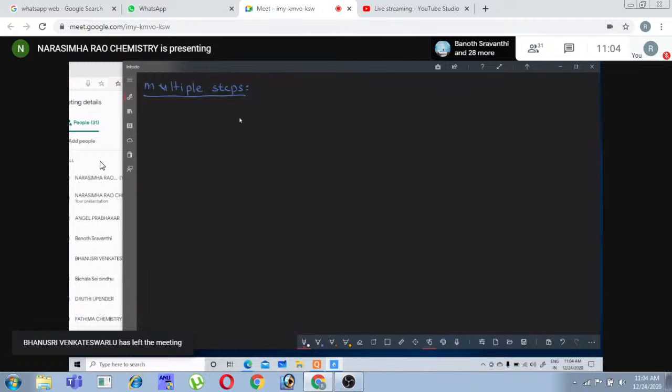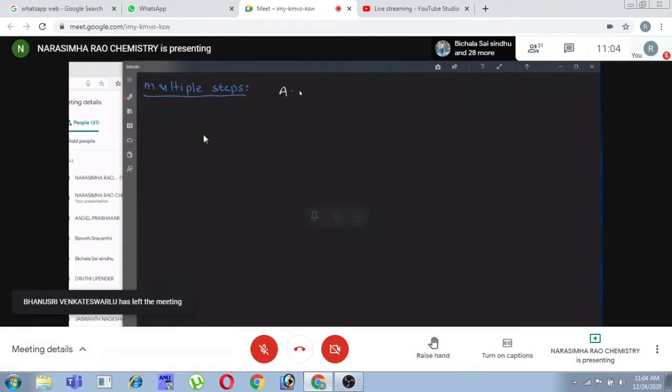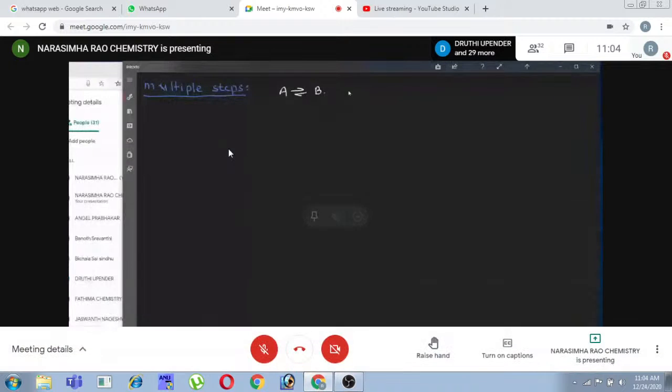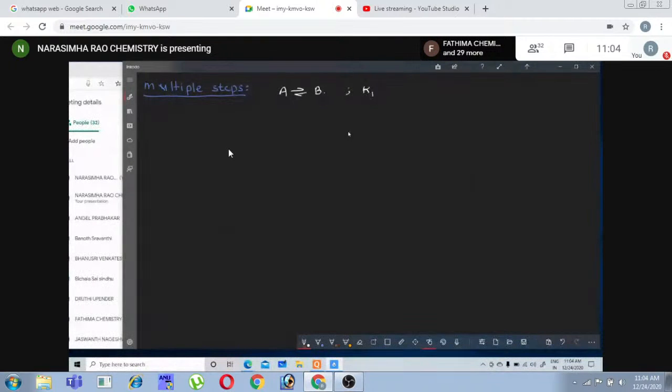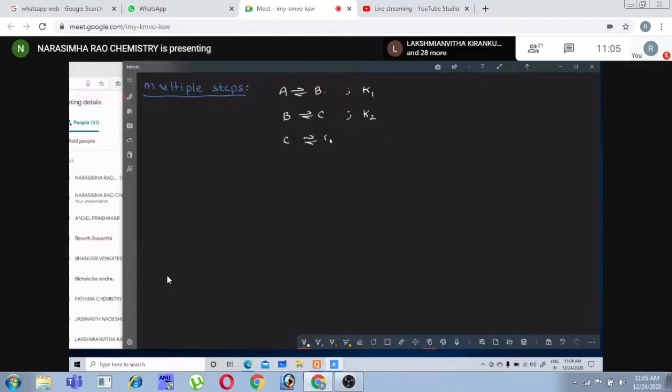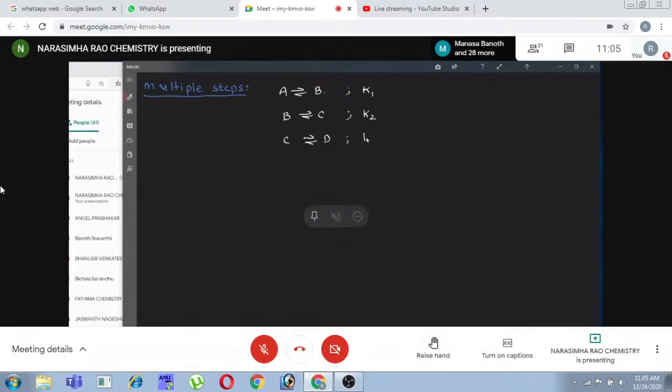For the example, A is in equilibrium with B. For this reaction, the equilibrium constant is taken as K1. Now, B is in equilibrium with C. For this reaction, K2. C is in equilibrium with D. For this reaction, K3.